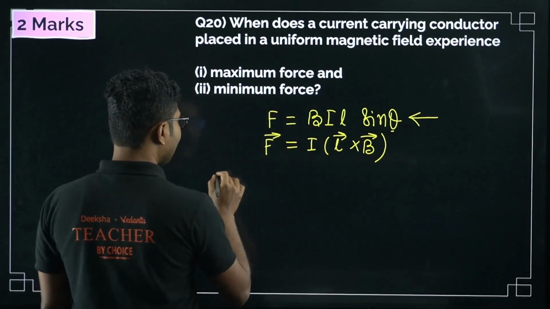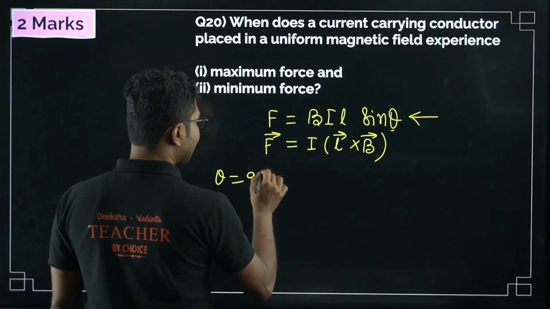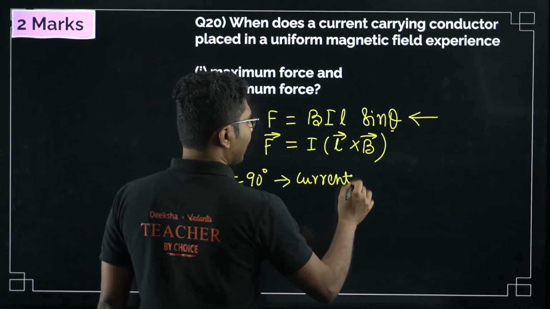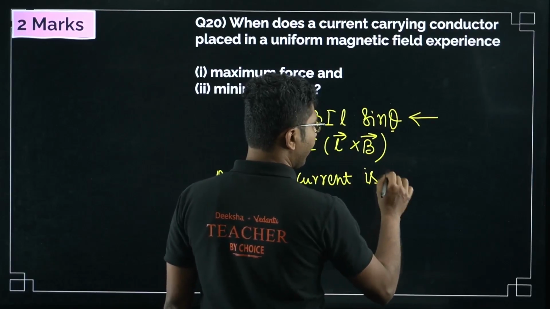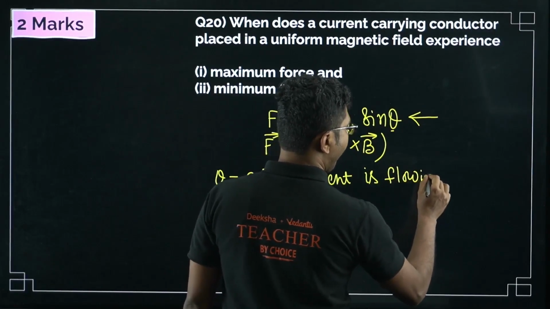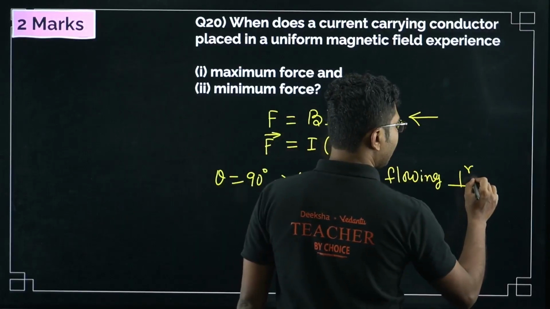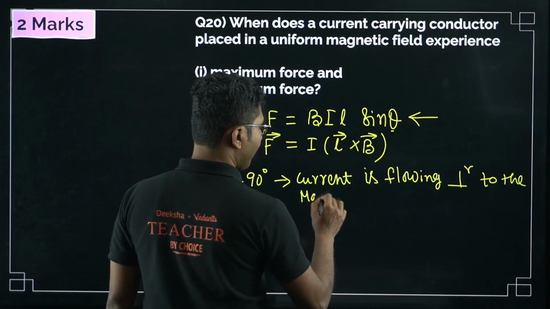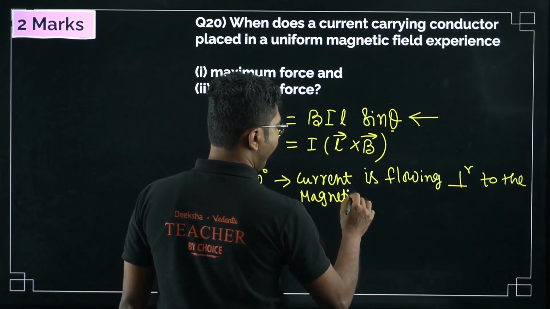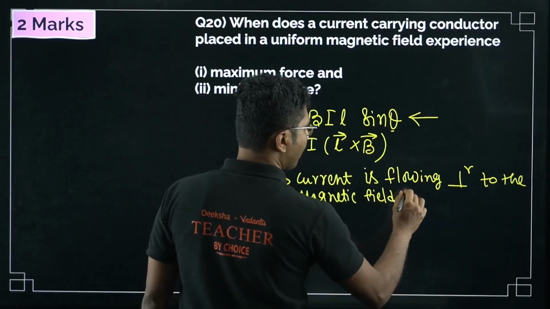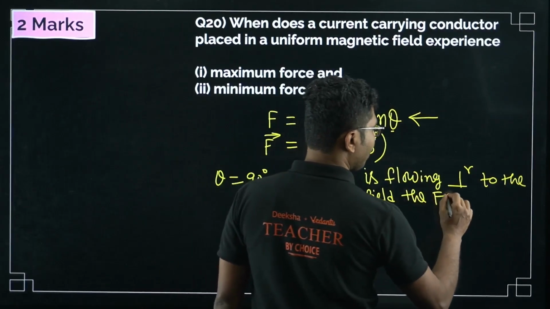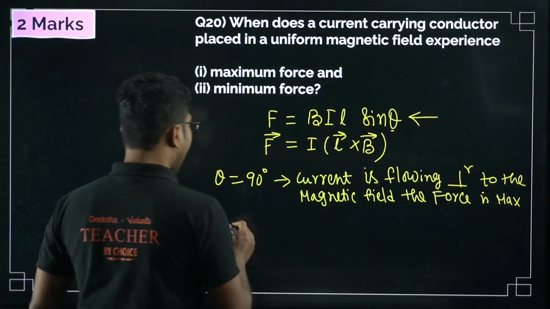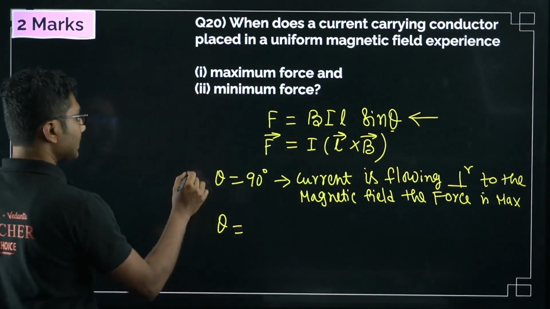So if theta is 90 degrees, that is, current is flowing perpendicular to the magnetic field, the force is maximum, right? And if theta is 0, this is the first case.